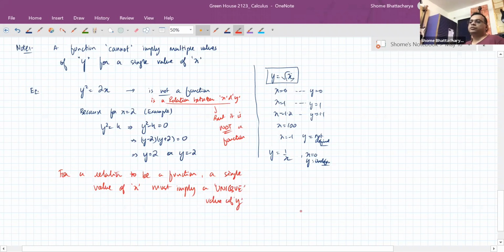This is an important point about a function. Of course the reverse can happen. The value of y can repeat for multiple values of x. That is not the same thing.